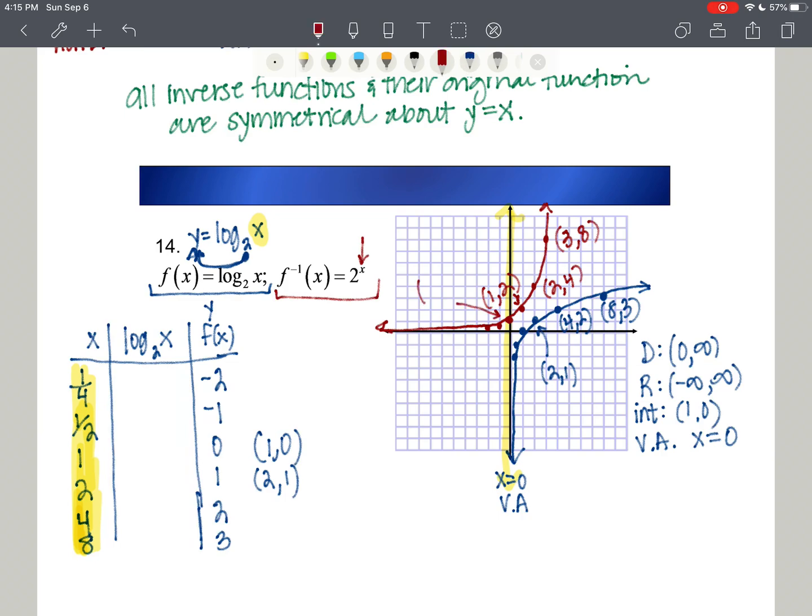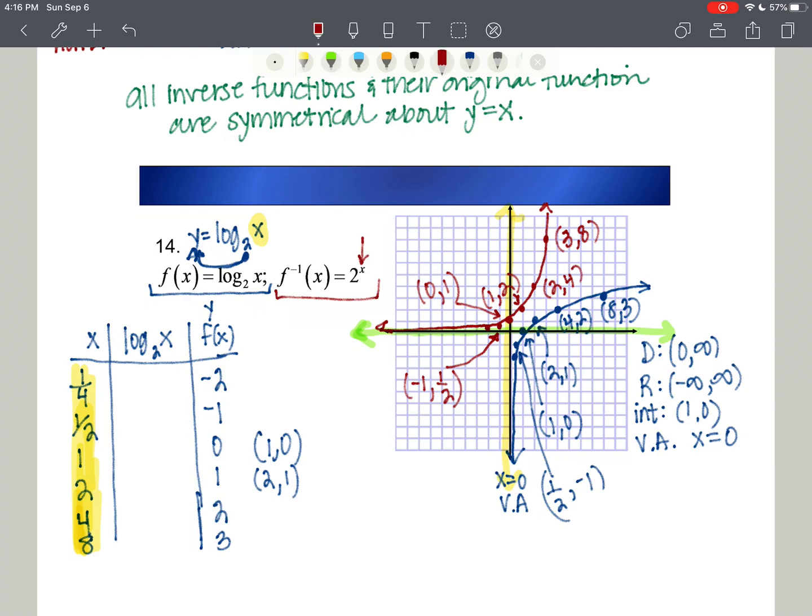Here you put a 0 in, you get a 1 out, and that's how we get (1, 0). Same thing with our fractions. You put a -1 in, you get 1/2 out, and here you put 1/2 in and you get -1 out. So I usually graph the exponential function, and then I reverse the inputs and outputs to get my log function.